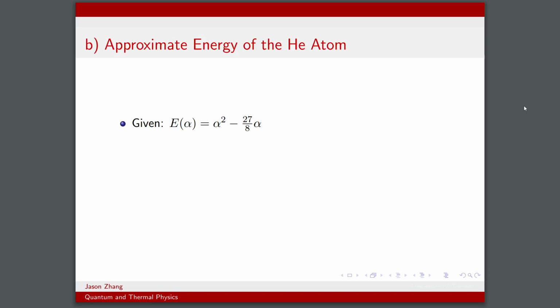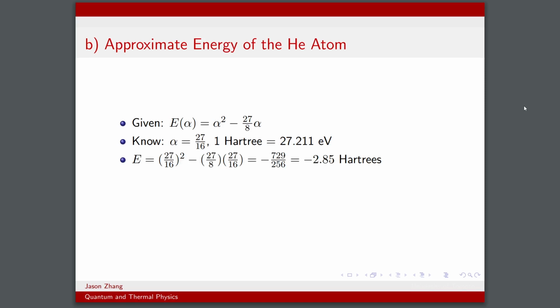So part B, now we want to find the approximate energy of the helium atom. Remember, we're given this equation for energy, and we already know the value of alpha that minimizes the energy, which is 27 over 16, and we know the conversion from Hartrees to electron volts. So we just plug in our value for alpha, which gives us the minimum energy, and the energy is approximately minus 2.85 Hartrees, and we would convert this into electron volts.